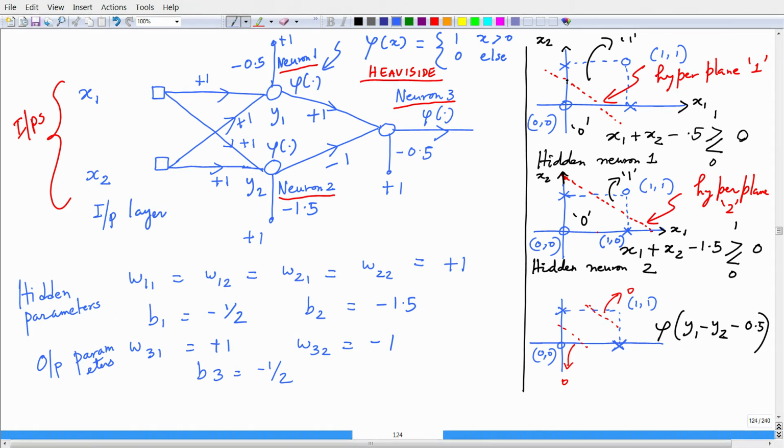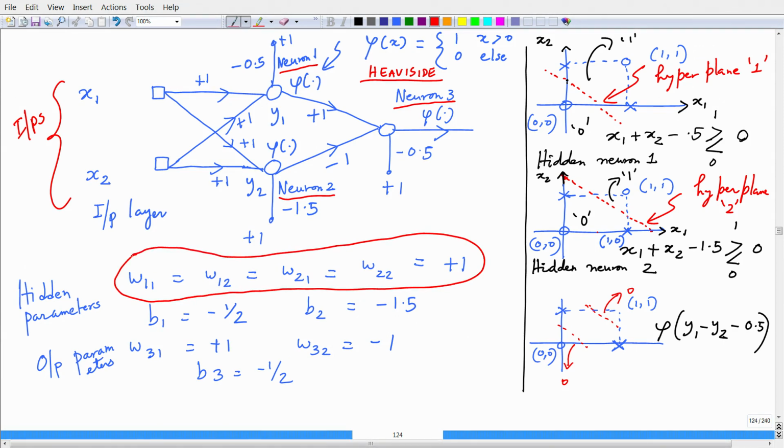To make things simple, I initialize all the synaptic weights that connect the inputs to the hidden neurons to be 1. So, just observe this carefully. All the weights that connect the inputs to the hidden neurons are initialized to +1.